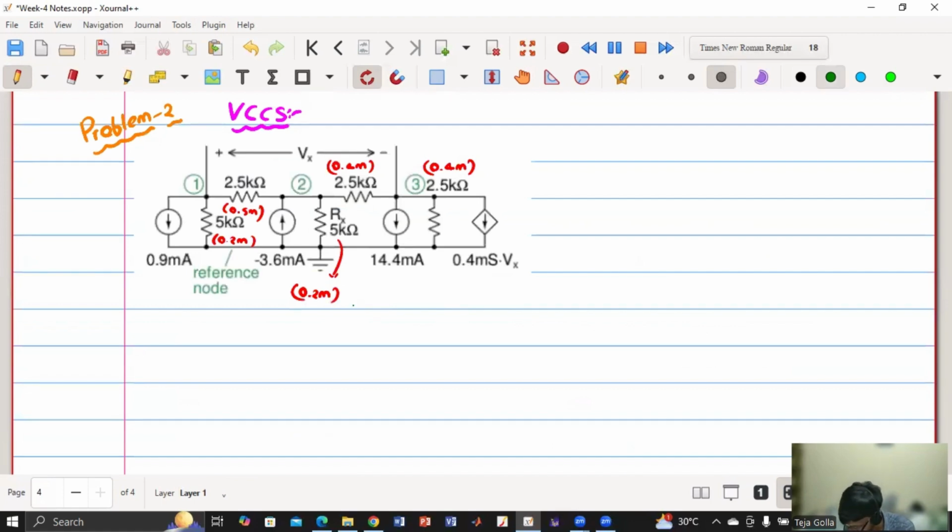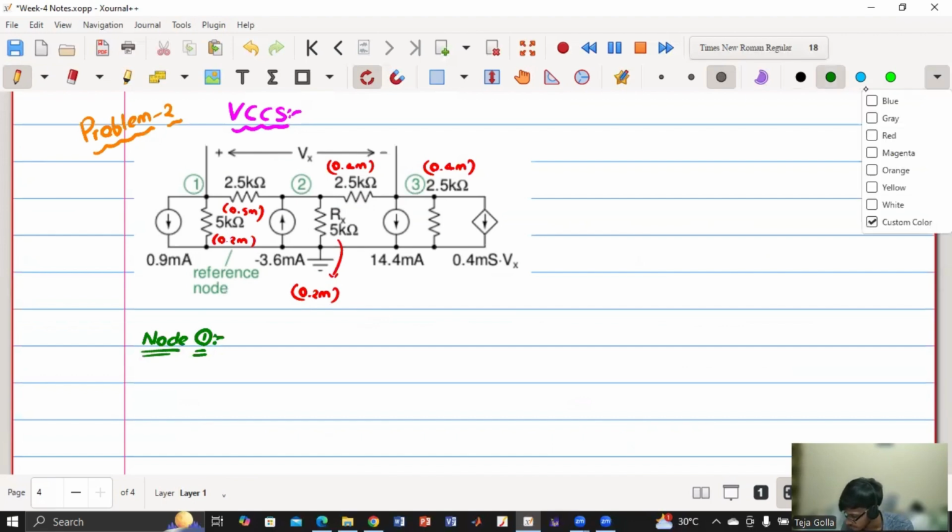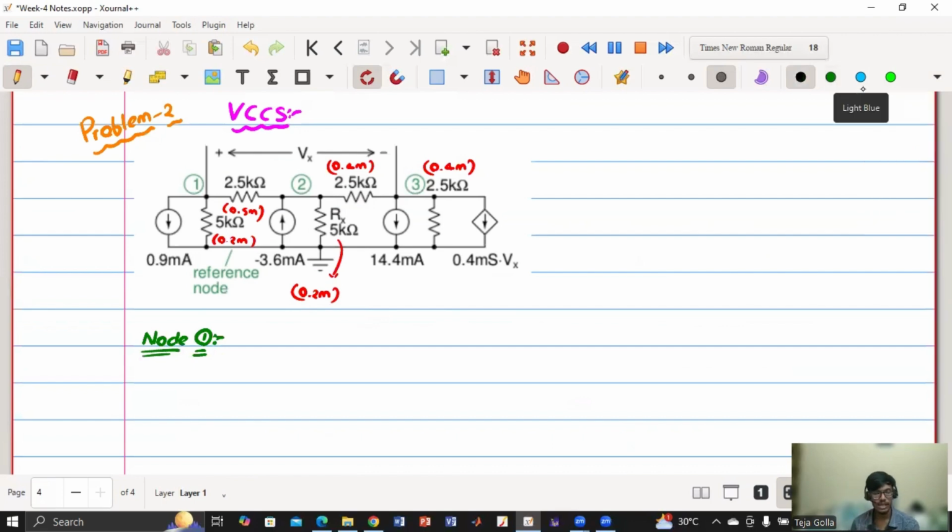So can someone tell me what will be the equation at node 1? First will be the diagonal element, right? Diagonal element is the conductance at the node. Agree? Total conductance.